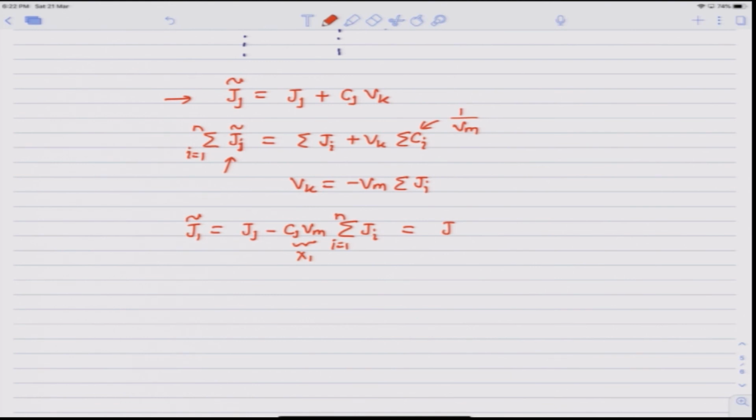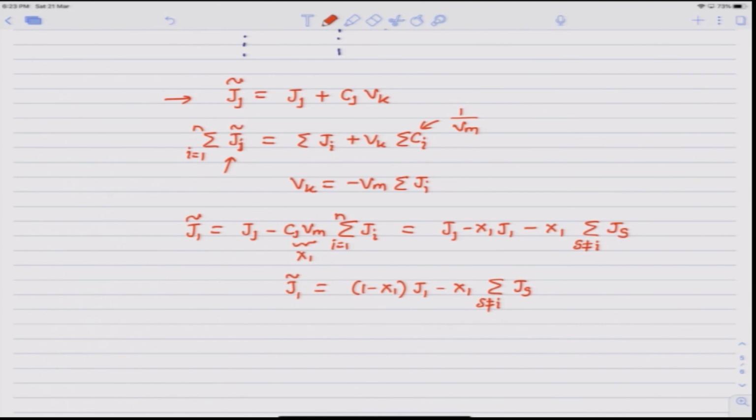So we can also write this as J1 minus x1 J1 minus x1 times sigma Js, and this summation is performed over all components except s not equal to i, because I took x1 J1 out here, and this can be represented as 1 minus x1 times J1 minus x1 times Js, s not equal to i.